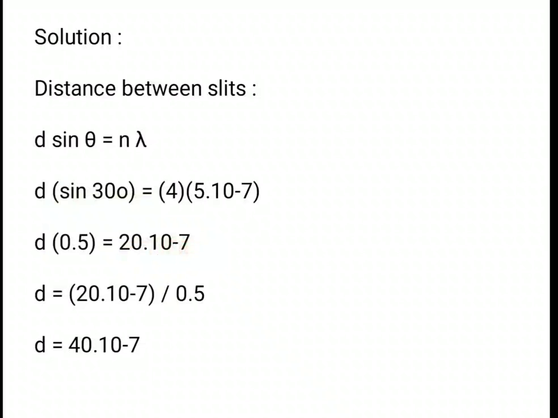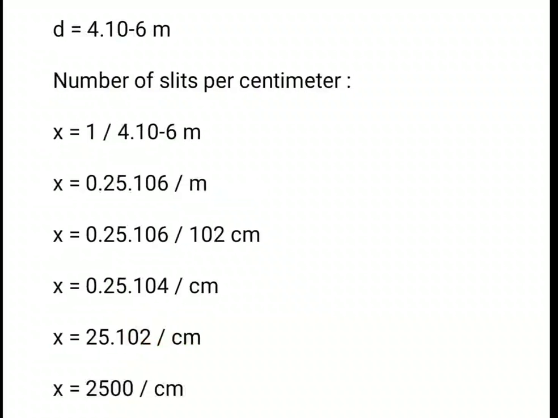It is equal to 20 into 10 power minus 7. Therefore d is equal to 20 into 10 power minus 7 divided by 0.5. So the distance between the slits d is equal to 40 into 10 power minus 7, which is also equal to 4 into 10 power minus 6 meters.